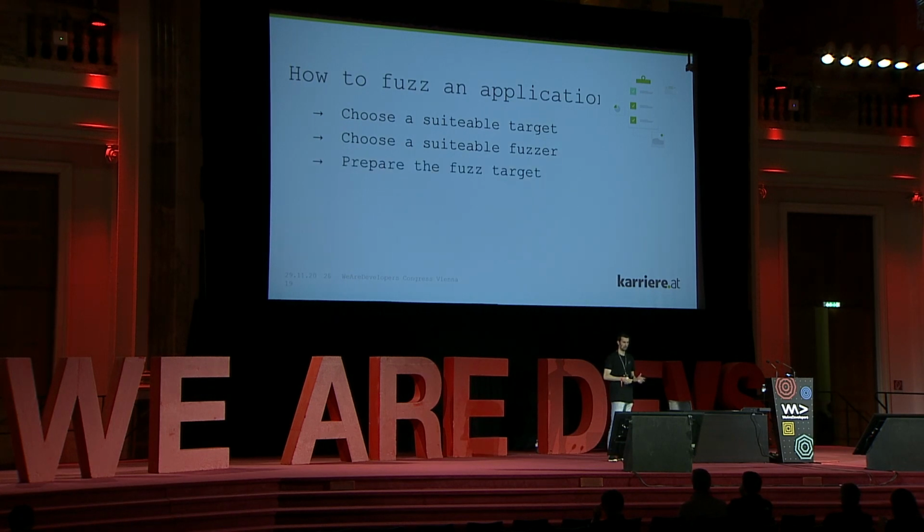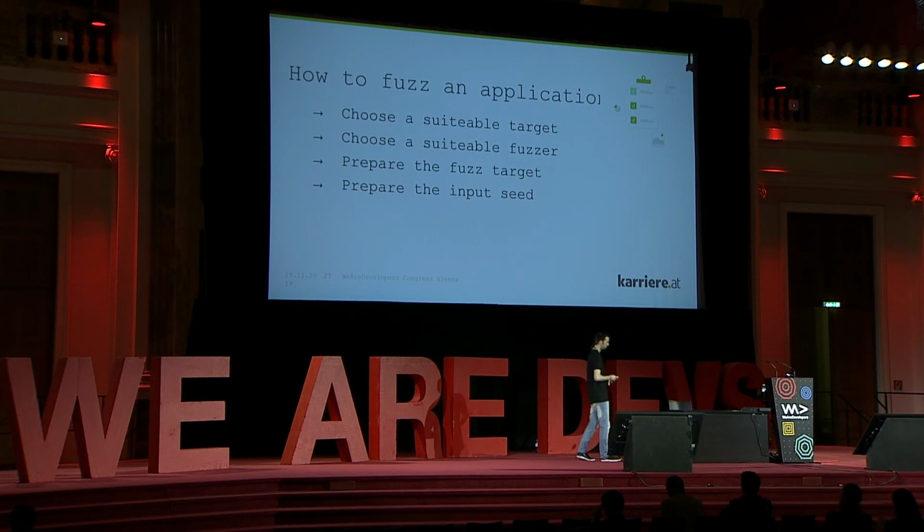The next thing we need to do is to prepare the fuzz target, our JSON parser. We have to compile it specifically. For example, if we are fuzzing with American Fuzzy Lop, we have to compile our fuzz target with a special compiler, so it adds the instrumentation to our target.